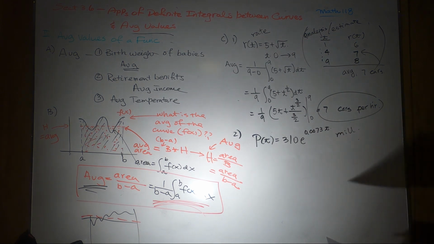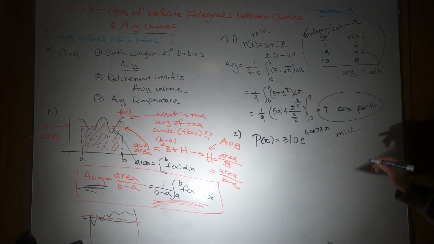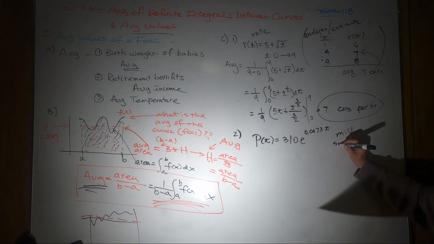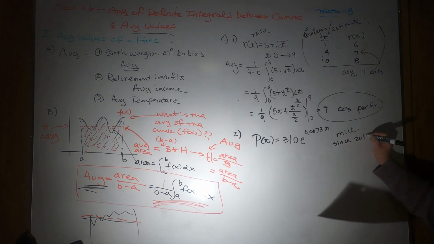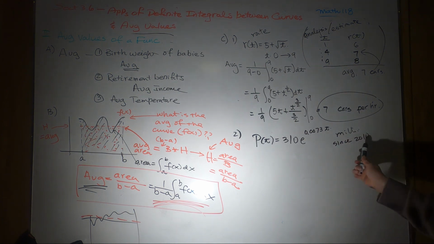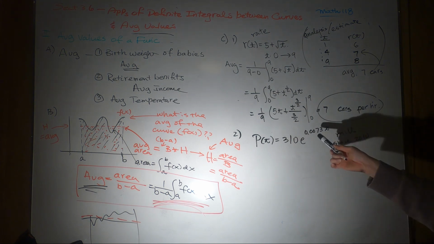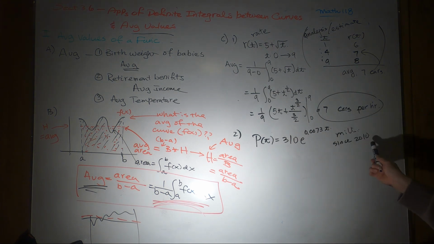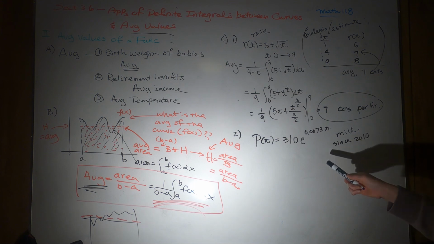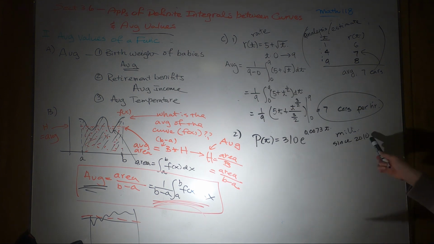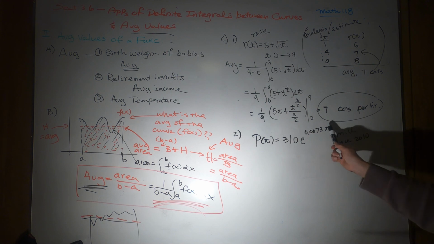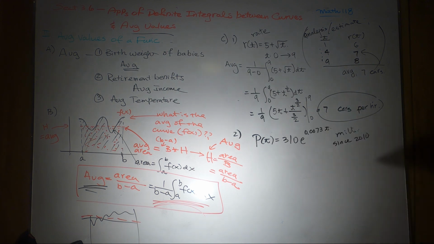And t is the number of years since 2010. Okay, before 2010, you probably have different models. Then this one, somebody did a study, say since 2010, population will be expected to grow at such a rate.